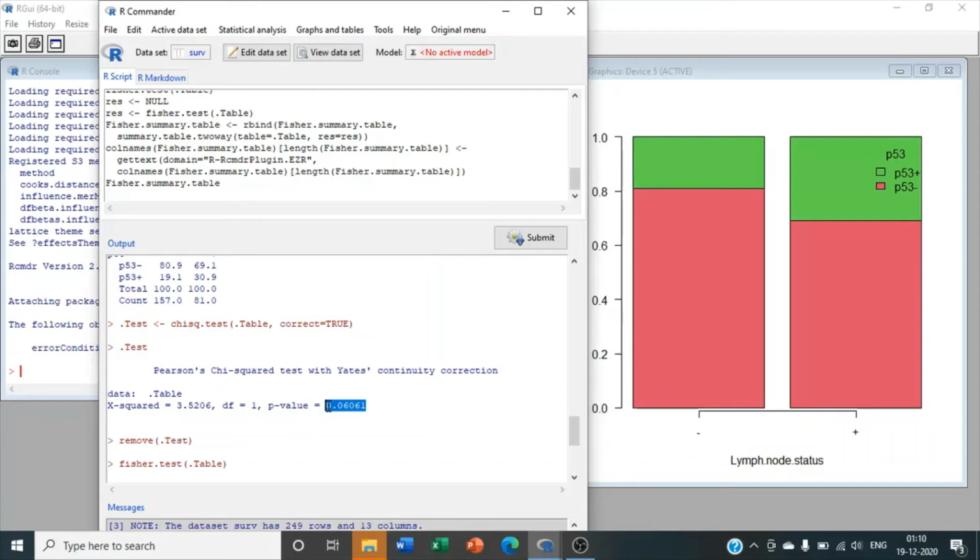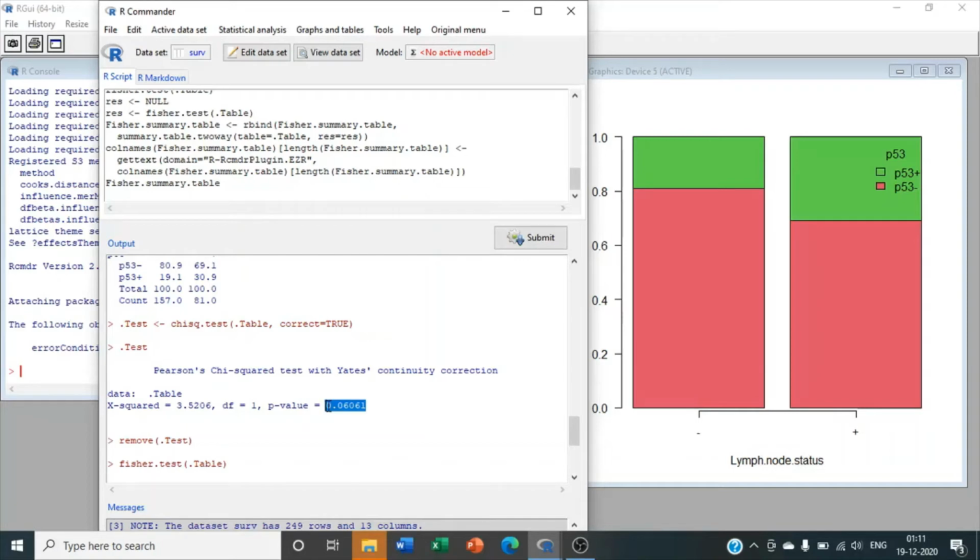So, the chi-square test also corroborates the Fisher's exact test in giving a non-significant result. So, that is that about finding out relationships between two categorical variables.